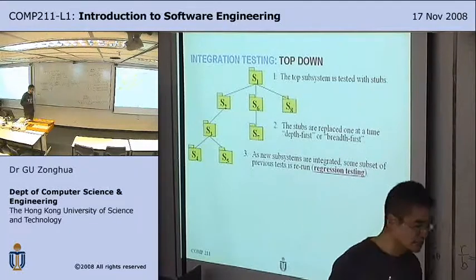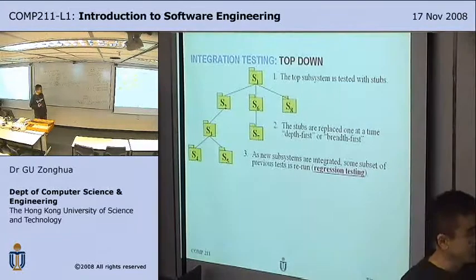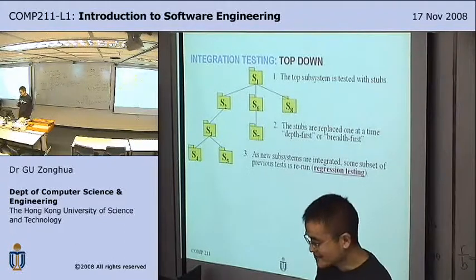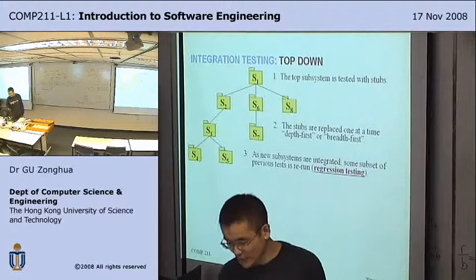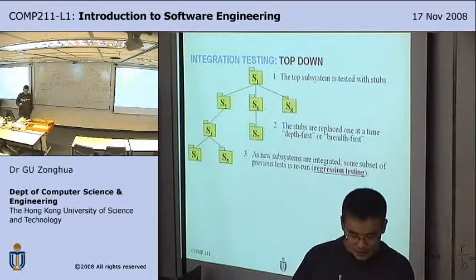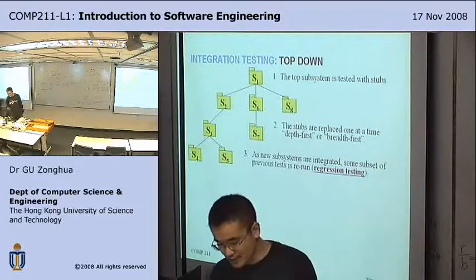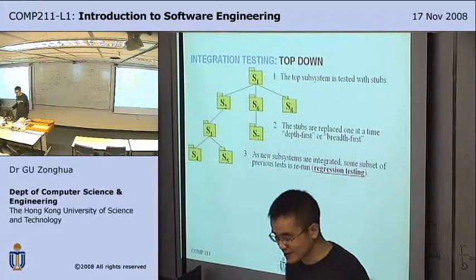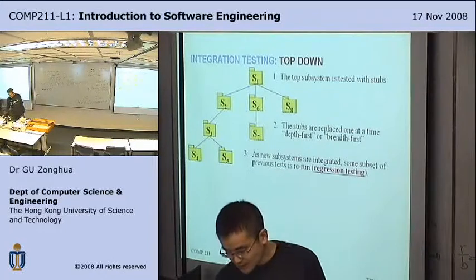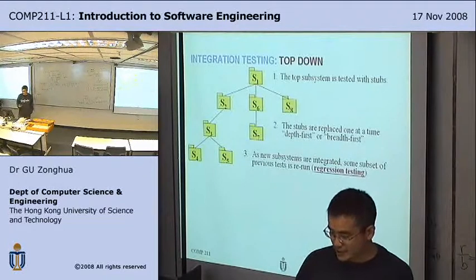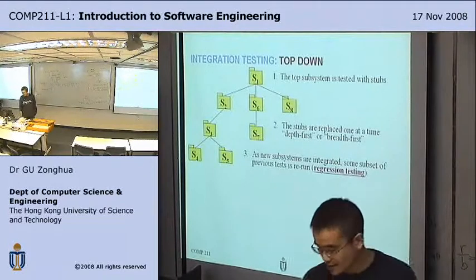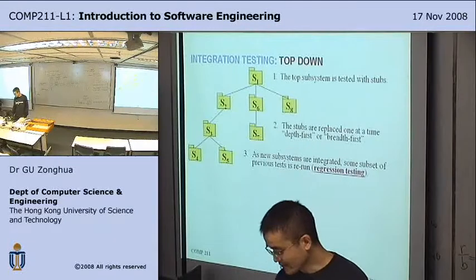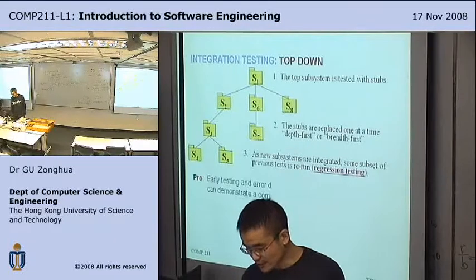Depth first is when you go down one tree branch and implement a piece of functionality from end to end. Breadth first replacement is when you are doing it one layer at a time until perhaps the database layer. So as new subsystems are integrated, some subset of previous tests is rerun as regression testing to make sure that nothing old has been broken.